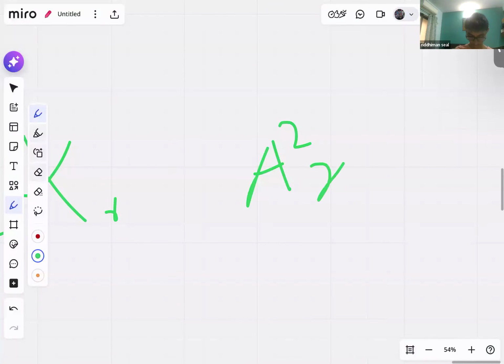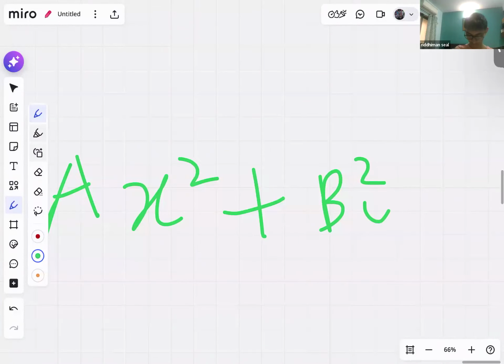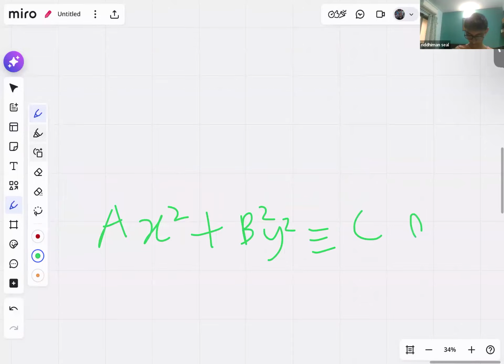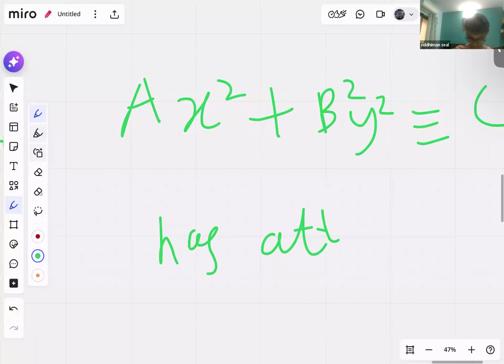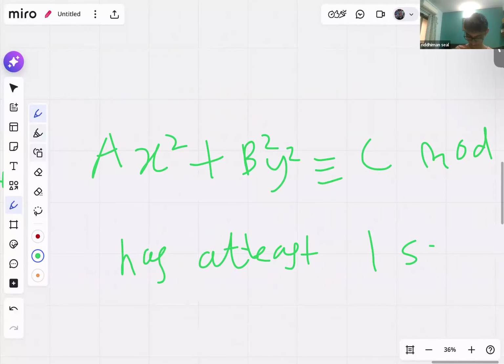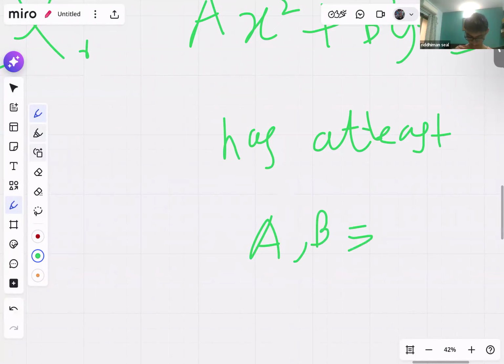Show that ax squared plus b squared y squared is congruent to c mod p has at least one solution x, y where a, b are not zero mod p.